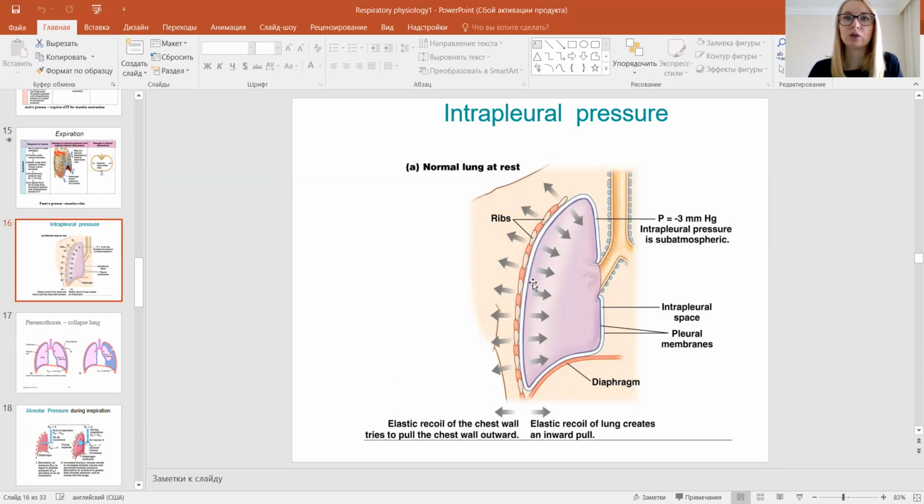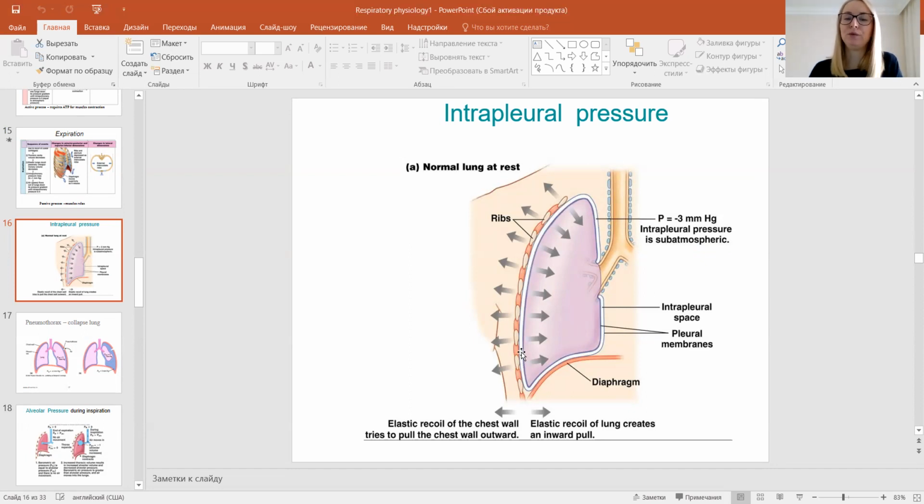Besides, both pleural leaves are firmly connected from within by the forces of molecular interaction of water polar molecules, forming thin layer of intrapleural liquid. But this liquid allows both leaves to glide in relation to each other freely.